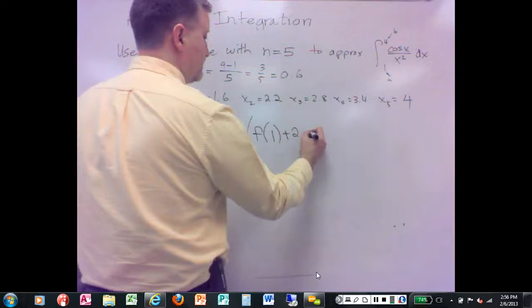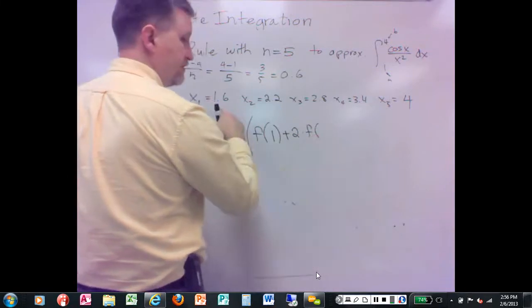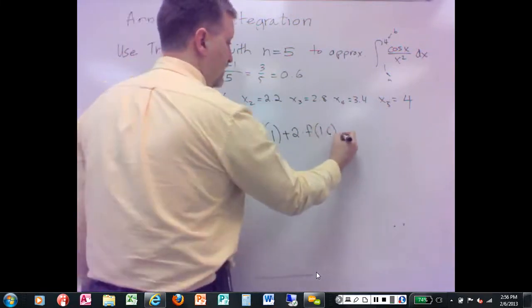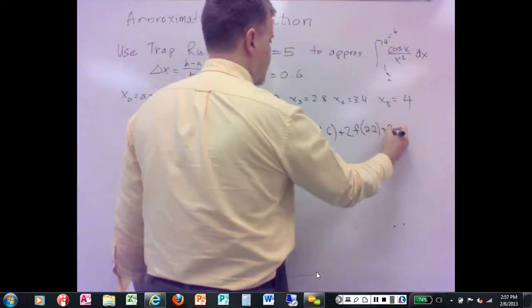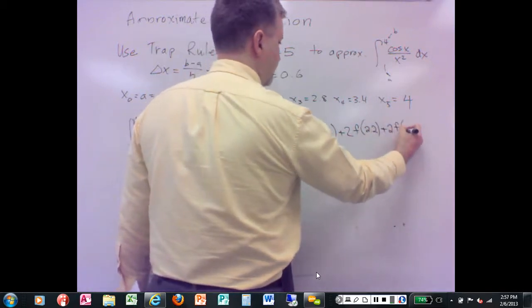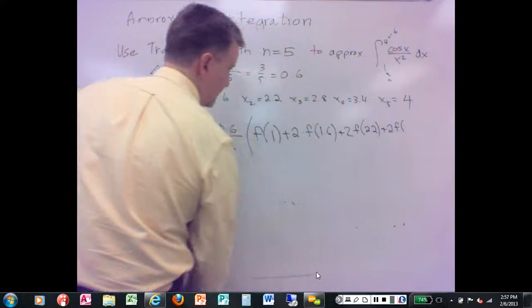2 times f of x sub 1, which is 1.6. And then it's 2 times f of 2.2. Then it's 2 times f of 2.8. I'm going to have to make smaller numbers here.